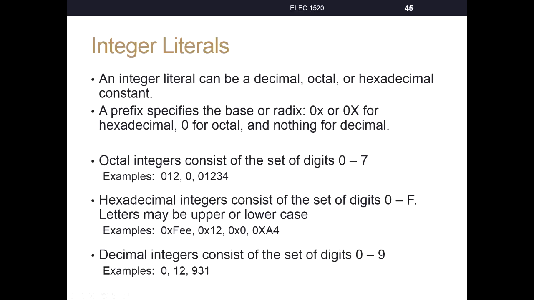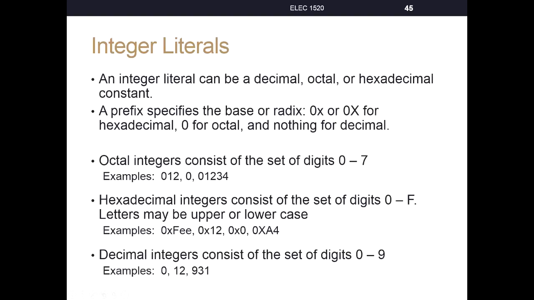Here are examples of hexadecimal integers. Remember, they contain the digits 0 through 9 and then A through F. That's base 16, so we have 16 different digits. The X can be upper or lower case. To specify a hexadecimal value of FEE, we precede it with 0x. The F can be capital or small, and here we've got E and E both in small case.